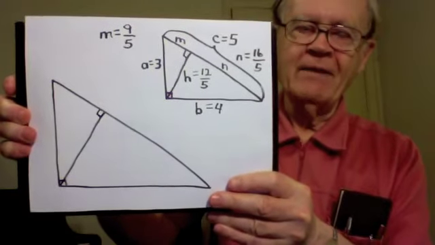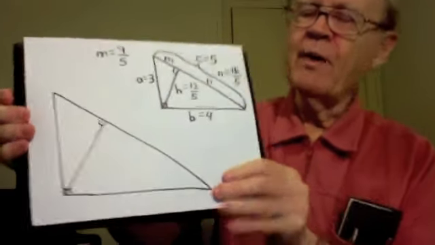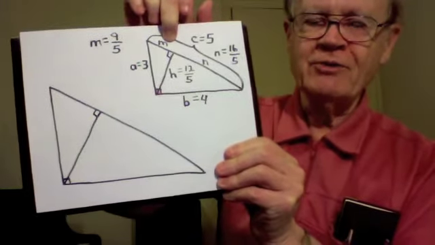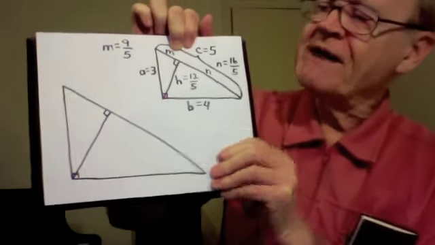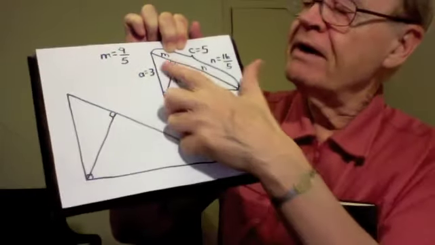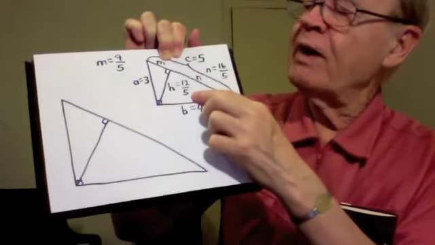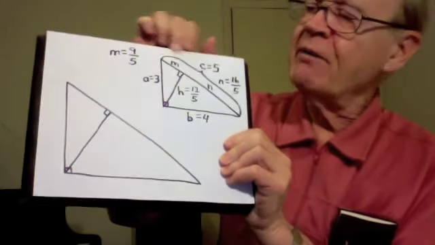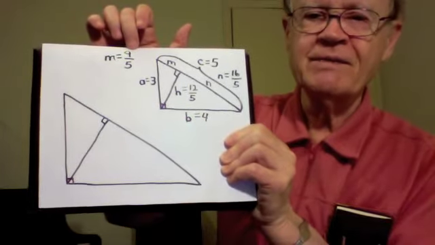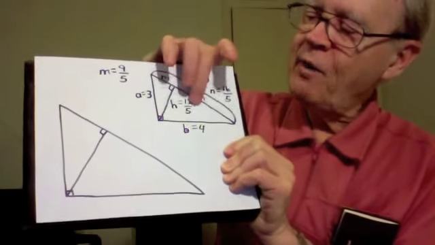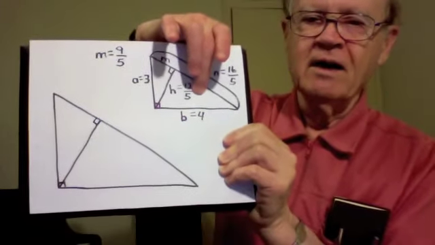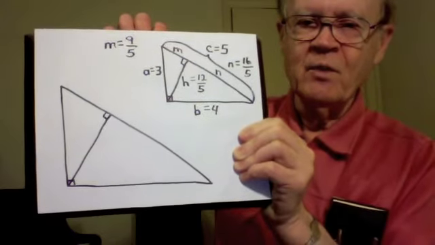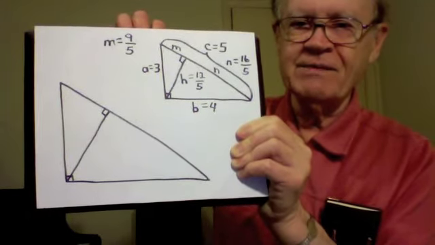Now to find M and N, first to find M, we can apply the Pythagorean equation to this smaller right triangle, where we know its hypotenuse to be 3 and one leg to be 12/5. We substitute those into the Pythagorean equation and we get M to be 9/5. We do likewise with the lower right triangle. To find N, we get N to be 16/5.